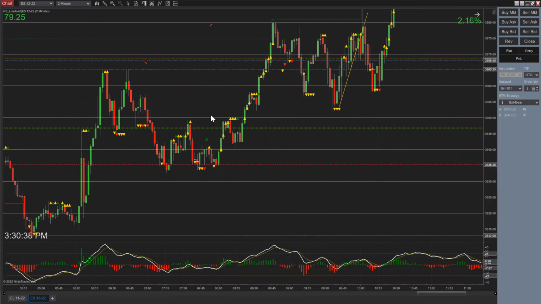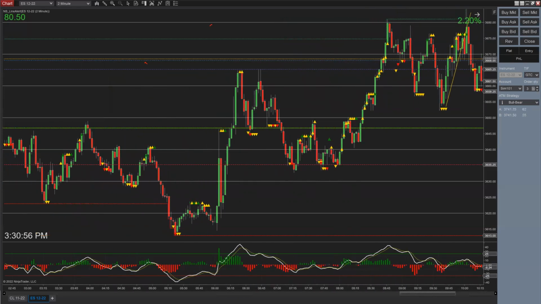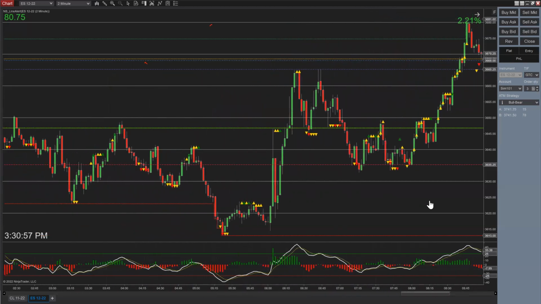When you have a bar that breaks the last bar high, the last pivot high, this bar breaks it, we are out. Not the chop zone anymore. This is your entry. Look at this bar. I'm going to show you now.